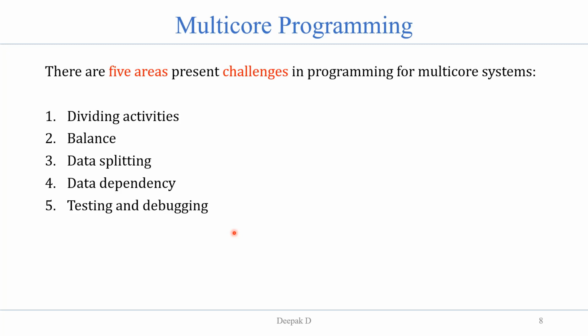So testing and debugging such a concurrent program is inherently more difficult than testing and debugging single-threaded applications. These are the 5 major challenges with respect to programming for multi-core systems. Next, we'll see multi-threading models.